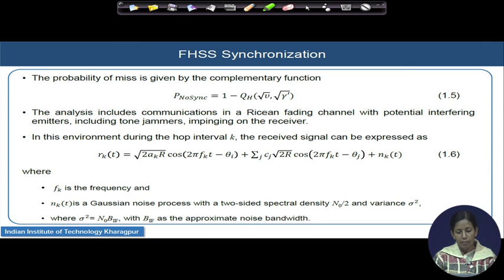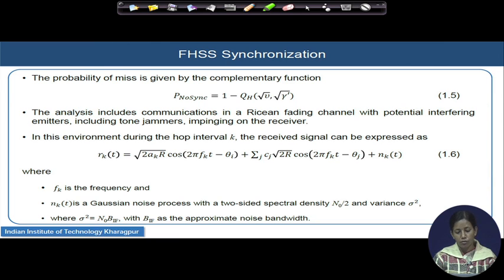So, in this environment of a PTT network operating over Rician fading channels, in presence of interferers, jammers, and other kinds of impurities, all the impurities on the RF front end receivers also play a very big role in the detection process itself.